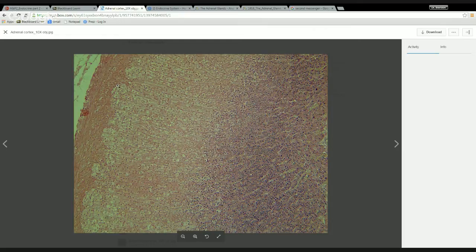And then where it starts to be the light staining area, down here until it fades into the dark, this is all the zona fasciculata. See, I got to have this in front of me or I'll say I'm wrong. And then the dark staining part here to the edge, that's the zona reticularis. Okay, good, I got that right.